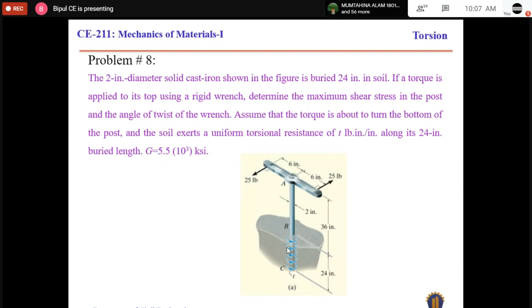The inserted or buried length is 24 inches, and from above the ground to the end of the torque wrench, the length is 36 inches.